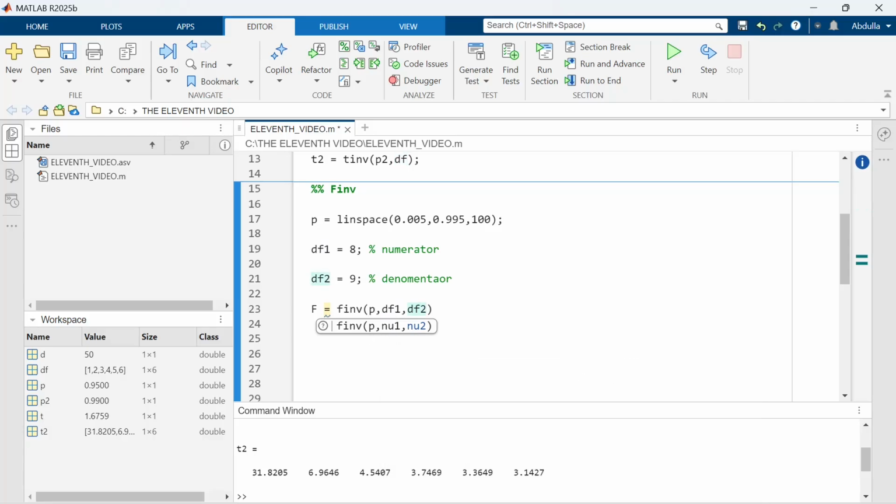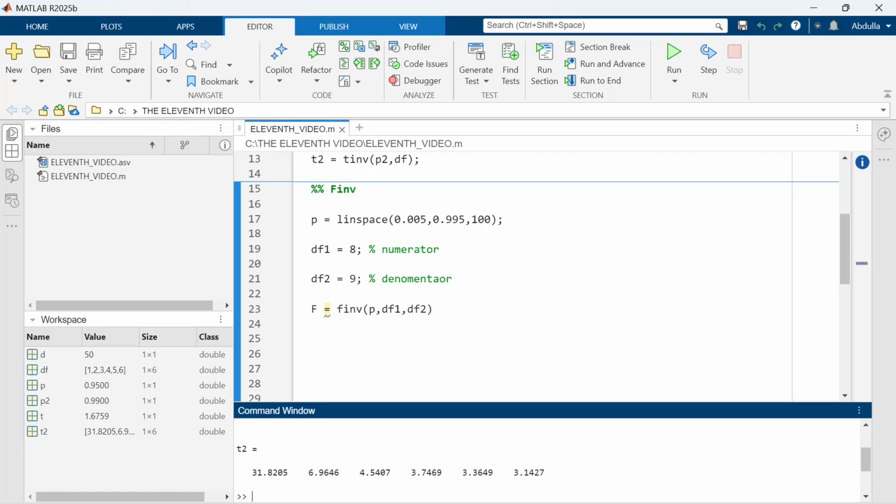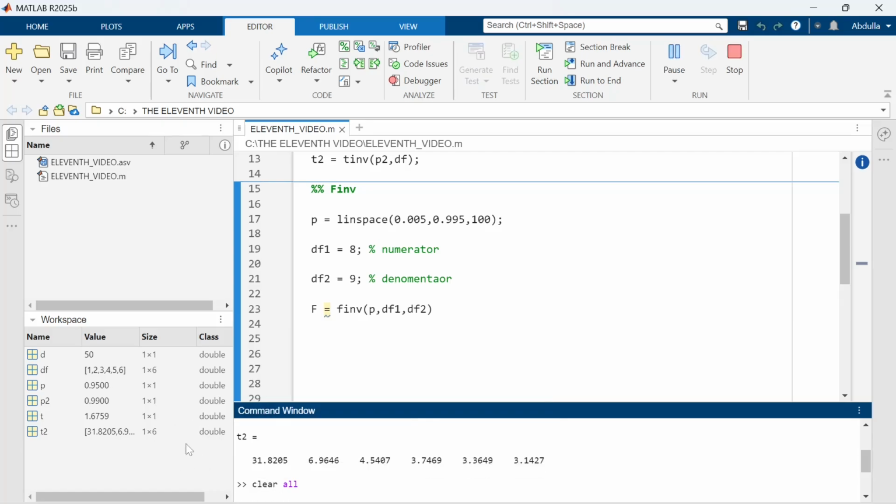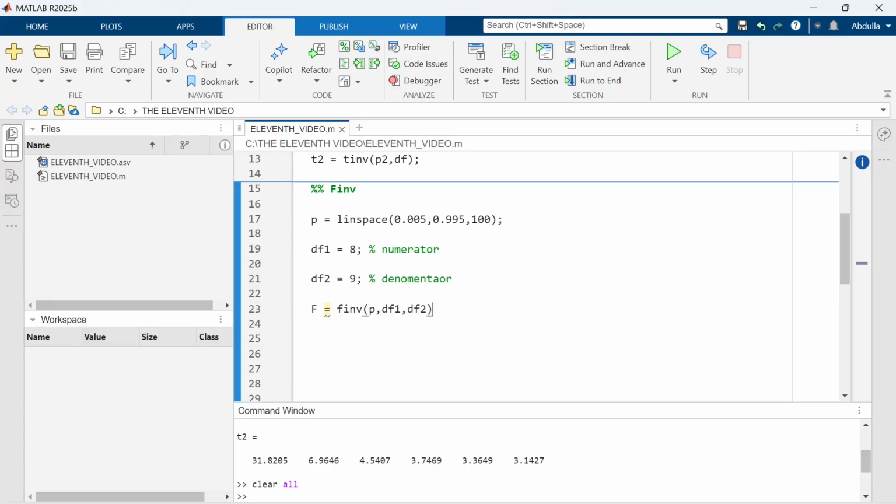So both are having the blue shades, meaning both are relevant and connected to each other, then I am good to go. But before doing this, let's clear the workspace, because I don't want things to overrun each other. If I have a DF1 already, MATLAB will get confused and an error might happen.